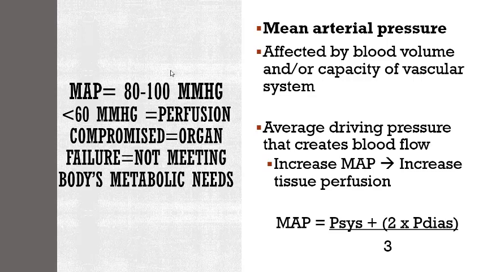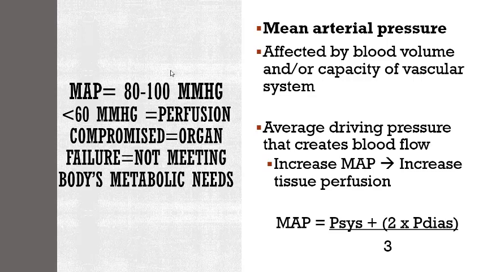Your MAP can be affected by your blood volume, right? So think about some of the patient case scenarios we've done where there's been a lot of blood loss. If you are affecting your cardiac output with blood loss, that's going to affect your perfusion. The other thing that's going to potentially affect it is the capacity of your vascular system.